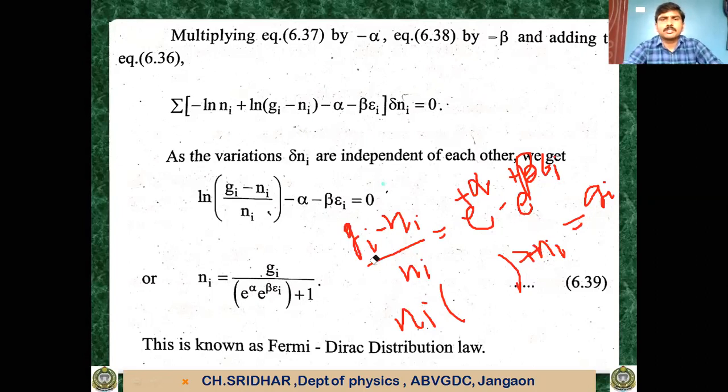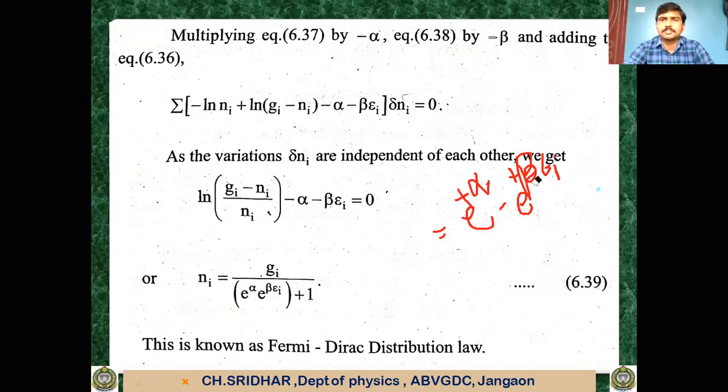This is called the Fermi Dirac distribution law for the distribution of Ni particles in given Gi subcells, obeying the Pauli's exclusion principle, that is, no two electrons will have the same energy state. That means one energy state will be occupied by only one particle. So the equation 6.39 is known as the Fermi Dirac distribution law.